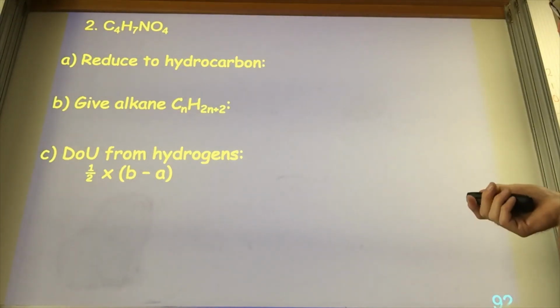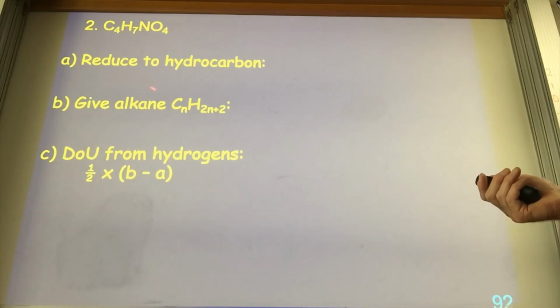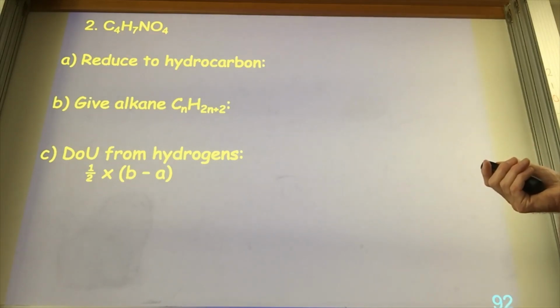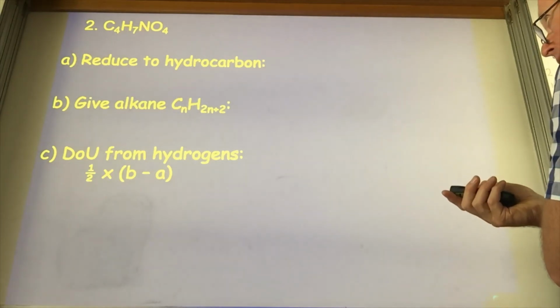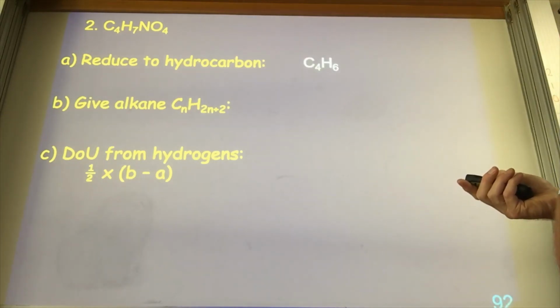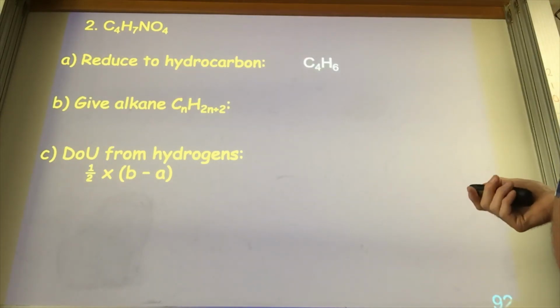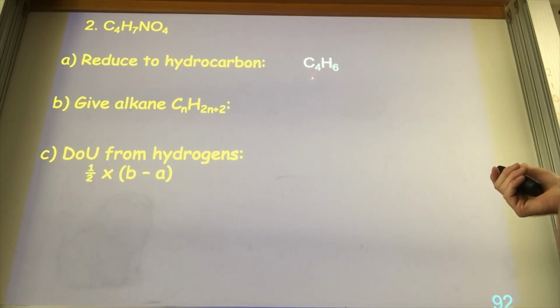Now this one, reduced to a hydrocarbon. Well, first of all, we just forget about the oxygens and we remove the nitrogen and subtract 1 from the number of hydrogens. So C4H6. Now, 4 carbons. How many hydrogens does a 4-carbon alkane have? Does butane have?